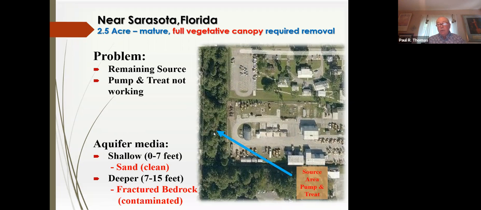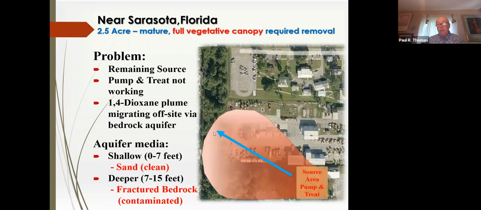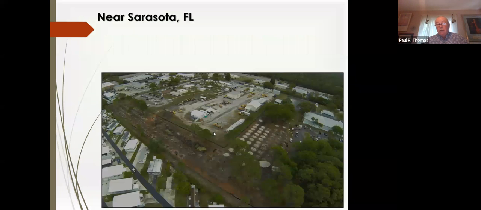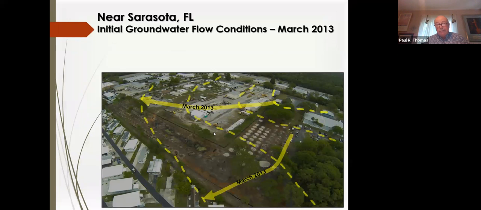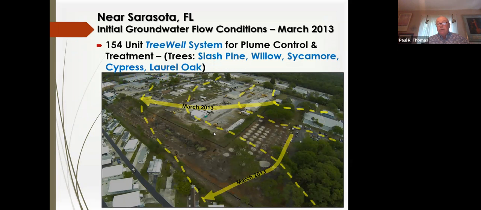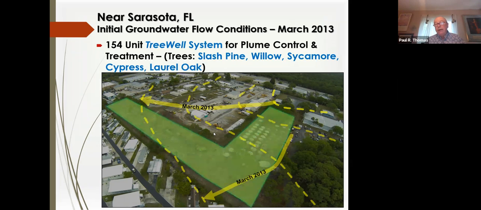So we had a remaining source where the pump and treat was not working because that fractured bedrock didn't really lend itself to that type of system. And we had a 1,4-dioxane plume that was migrating off-site in that aquifer. So we took out the existing trees and put in over 150 TreeWell units using a range of different tree types.